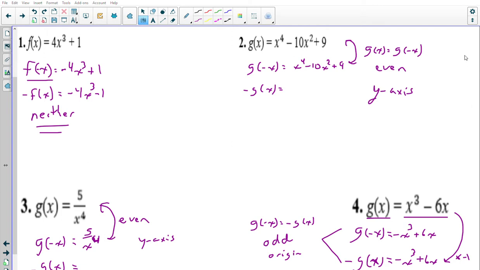And the reason why I knew that is because I algebraically plugged in negative x and found out that my g of negative x is equal to a negative g of x. That should summarize symmetry with respect to the x-axis, the y-axis, and the origin, as well as how to confirm it algebraically. And at the same time, it ties in the even and odd functions.